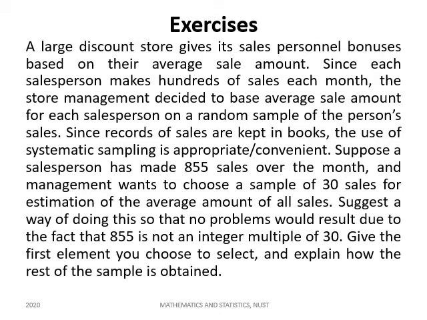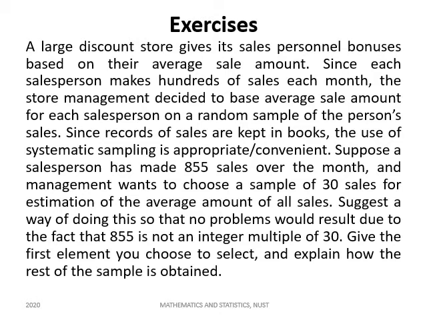So here we're saying, can we still use systematic random sampling even though we want 30 elements and 855 is not an integer multiple? Well, with the 300 and the 700, and when we wanted 30, in the previous example I did, it wasn't an integer multiple, but we were still able to do it.